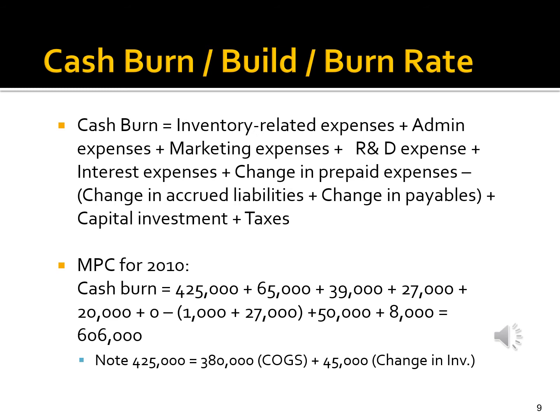This is the formula to calculate the cash burn, starting from the inventory that the company buys, and then minus related expenses, plus admin expenses, plus marketing expenses, plus R&D expense, plus interest expense and change in prepaid expenses, and then minus change in accrued liabilities plus change in payables plus capital investment plus tax.